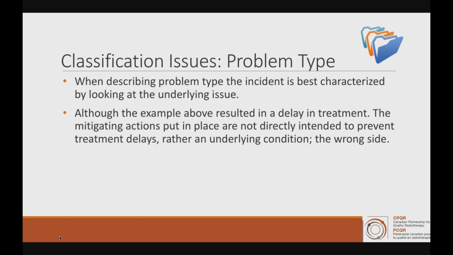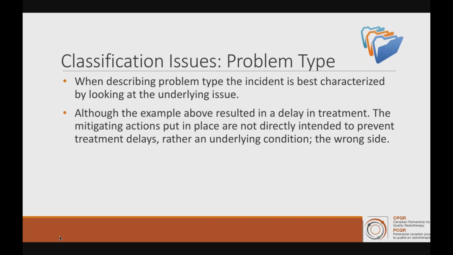That comes to some classification theory, or a thought process. When describing a problem type, it's best to characterize the incident by looking at the underlying issue. So exactly what are you trying to solve? What are you trying to fix in the program?